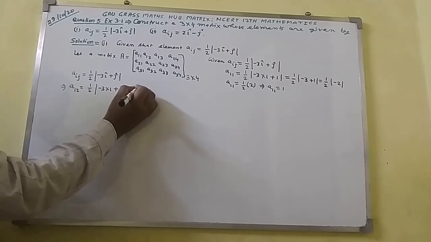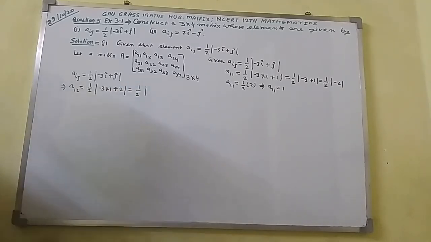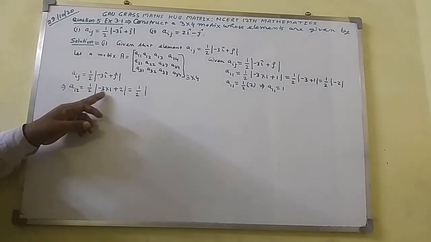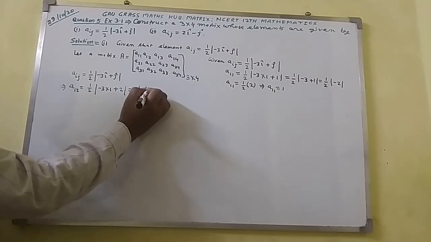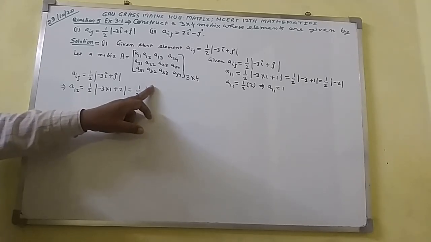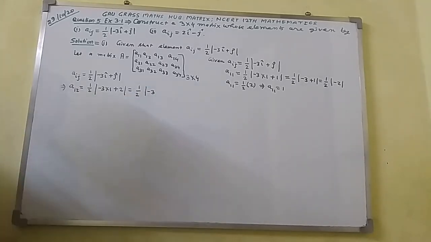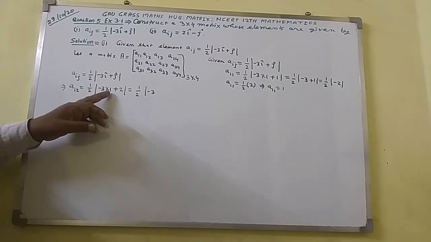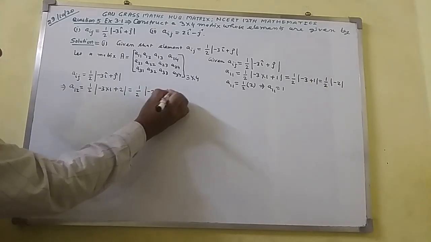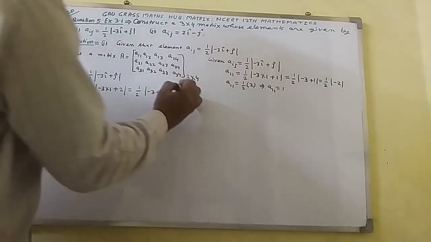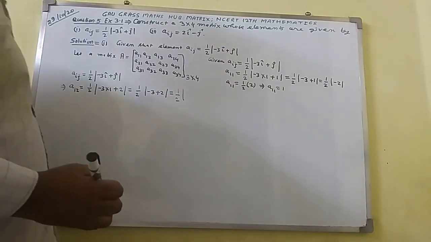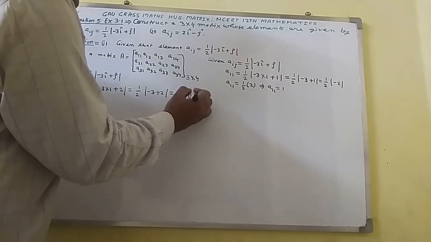So we will get 1/2 mod, minus 3 will multiply to 1, we will get minus 3 plus 2, equal to 1 over 2 mod minus 3 plus 2, you will get minus 1.